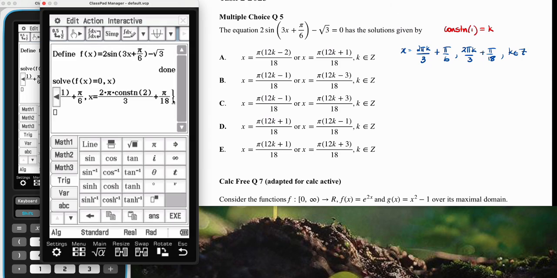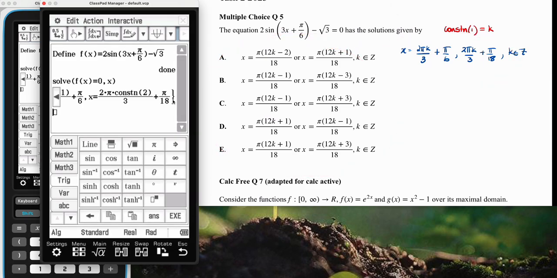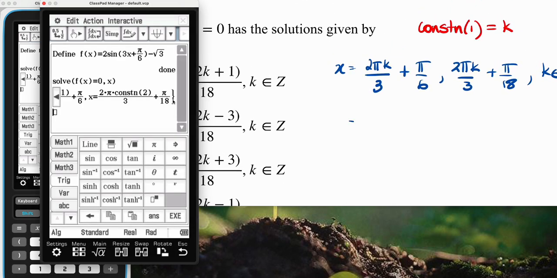Of course, with multiple choice, we don't want it to be that easy. So none of these look like this, and you've got to do a bit of fraction work. And so it's all over 18, which means a 3 pi there and a 12 pi k there, over 18, which is 12 pi k plus pi.